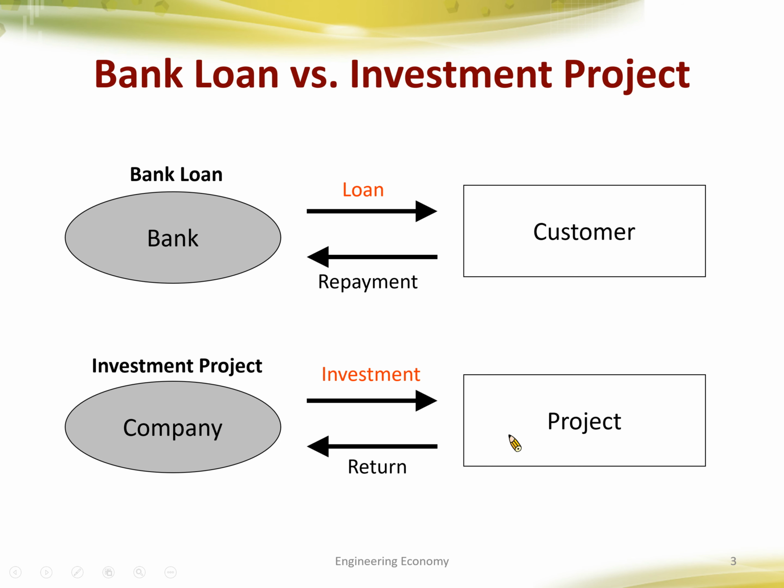However, when we are looking at a specific opportunity, we need to take a certain side. Just imagine that you are running a bank. You loan some money to a customer, and the customer will repay you.